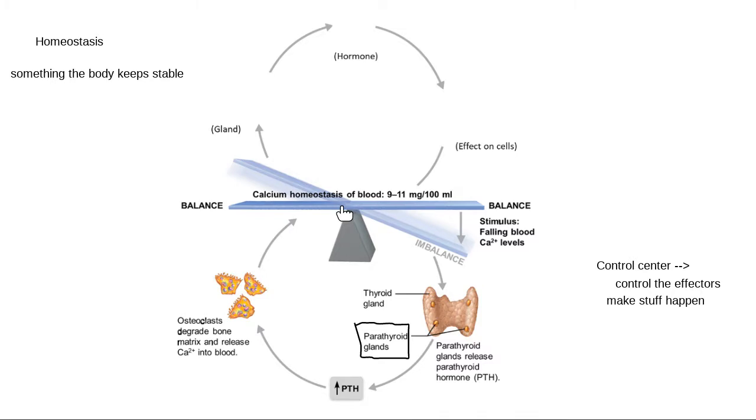Now, if the calcium levels are already too high in the body, I am not going to tell the bone cells to break down more bone tissue. That's not going to make my calcium levels get any lower. What I'm going to do instead is tell my bone cells that break down bone tissue to hold their horses. I'm going to say, I got plenty of calcium in the blood. Don't take any of the calcium out of my bone tissue anymore. So when I have too much blood calcium, we're going to work a little bit backwards here.